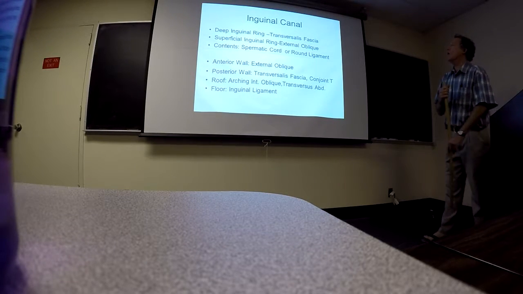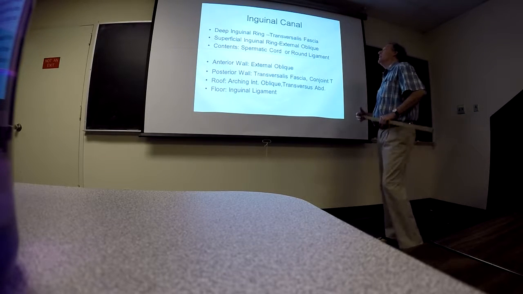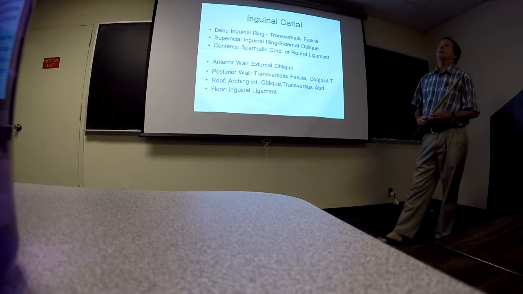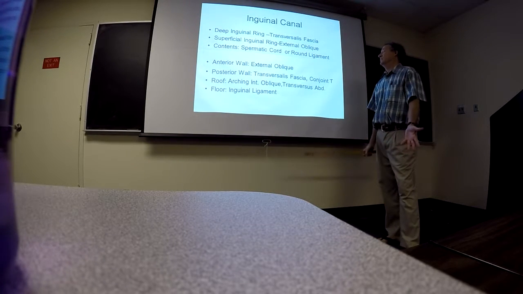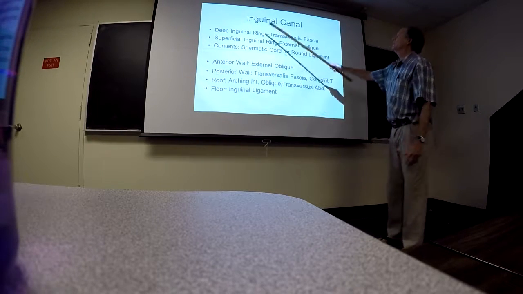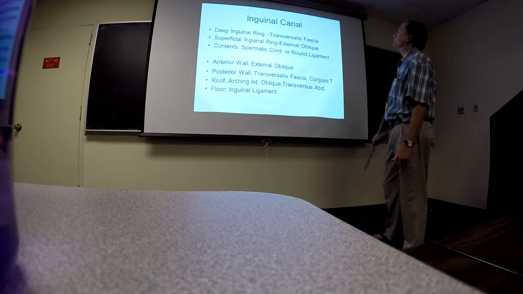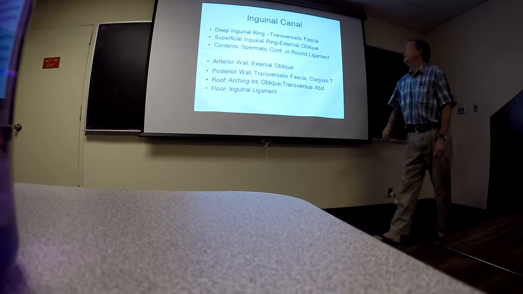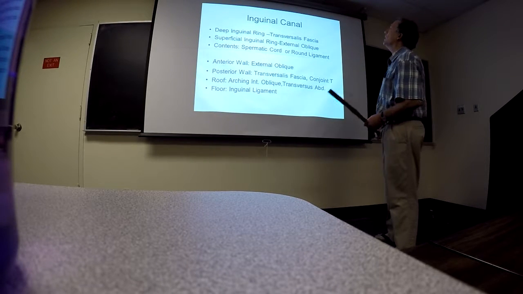Okay, so the canal, or the pathway that structures travel in from within the abdominal cavity to outside of the anterior abdominal wall, is referred to as the inguinal canal. And so for the structures to go from inside the abdominopelvic cavity to outside, they pass through these layers that we've been documenting for the last 15 or 20 minutes.